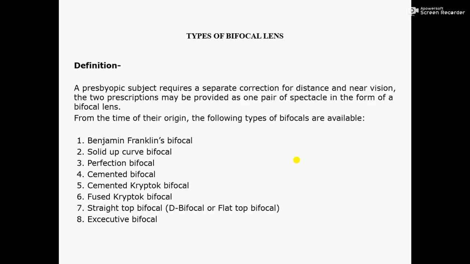It means bifocal eyeglass lenses contain two lens powers to help us see objects at both distance and near.